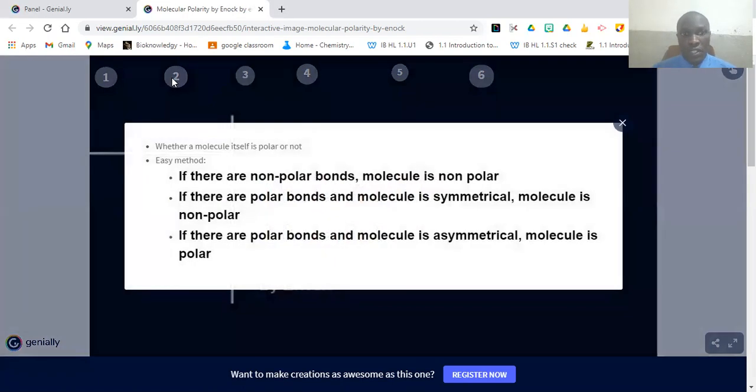So what are we saying here? Whether a molecule itself is polar or not, there's an easy method that we can use to establish whether it is polar or non-polar. How do we do it? If there are non-polar bonds, a molecule is totally non-polar. There's no need to even reason there.